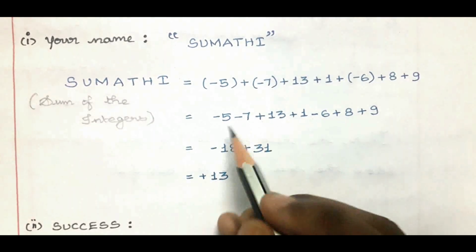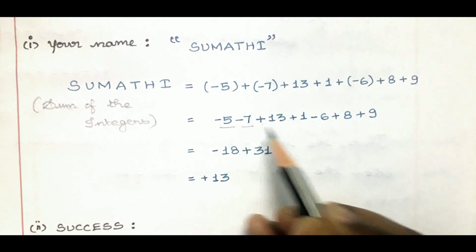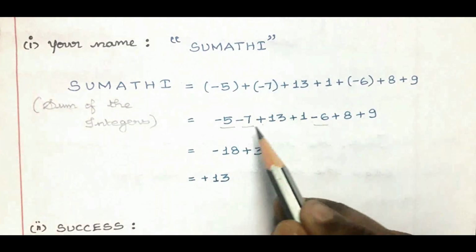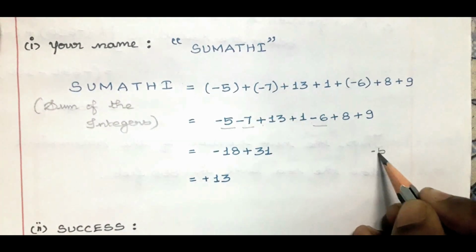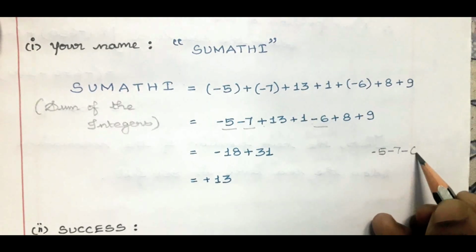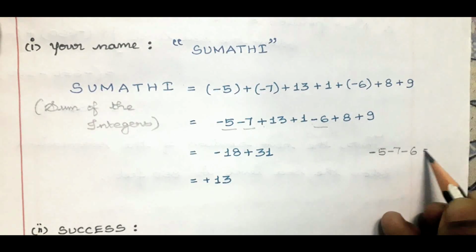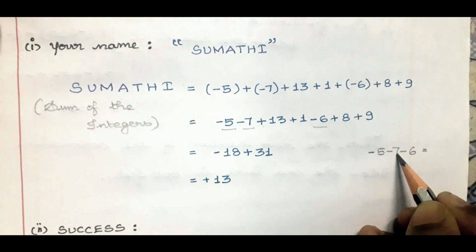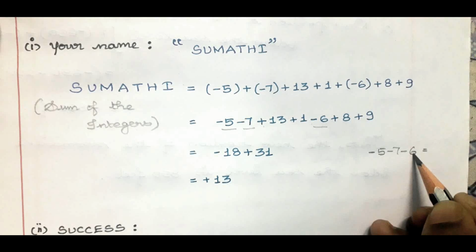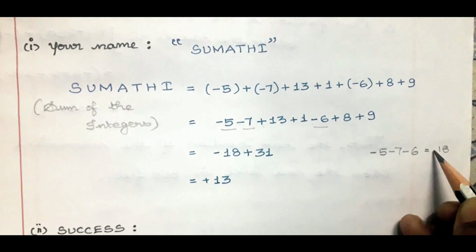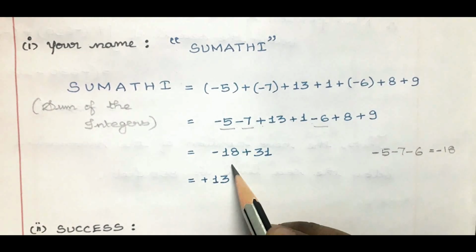Now minus 5, minus 7 and minus 6 have the same sign, so add all the numbers. 5 plus 7 is 12, 12 plus 6 is 18, and put the same sign. Therefore it becomes minus 18.